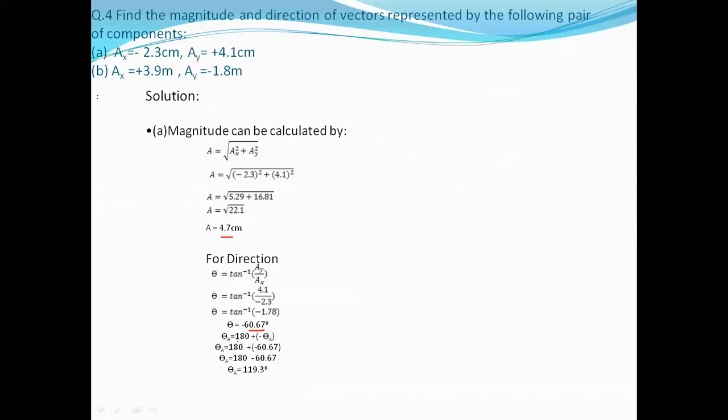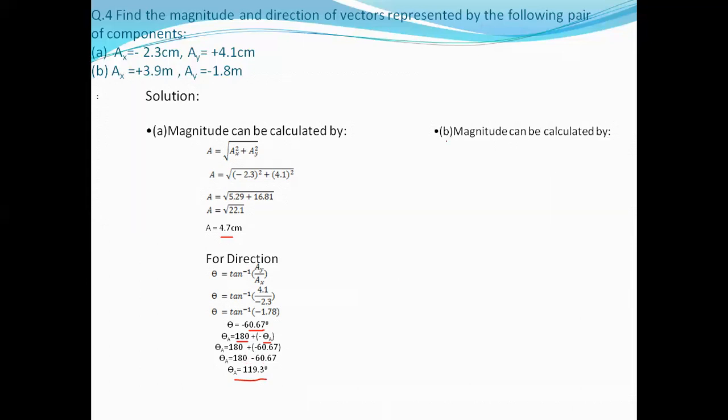We have to understand it is in the second quadrant. So 180 is the line, and we are basically adding up that value, and that value theta is 60.67, so it is in the second quadrant. So we get 180 minus 60.67, we get 119 degrees. That means it is going to be in the second quadrant.